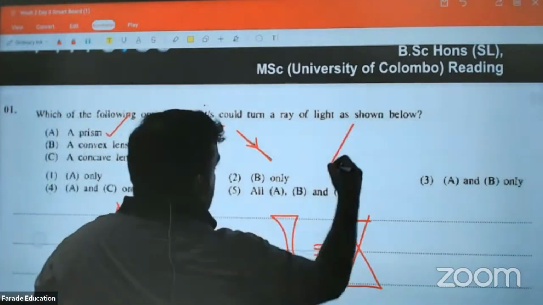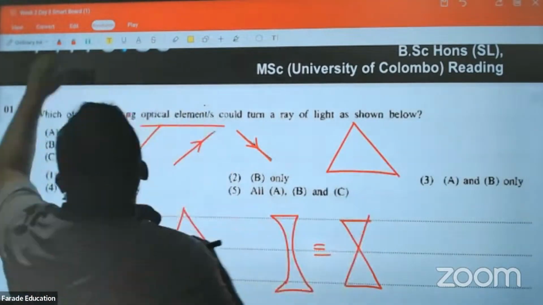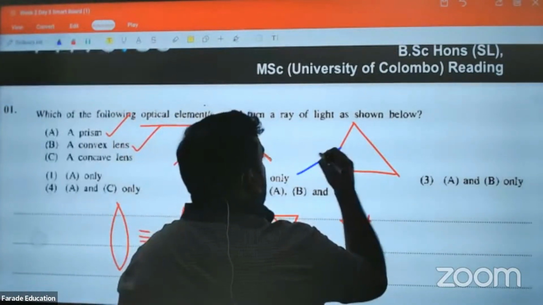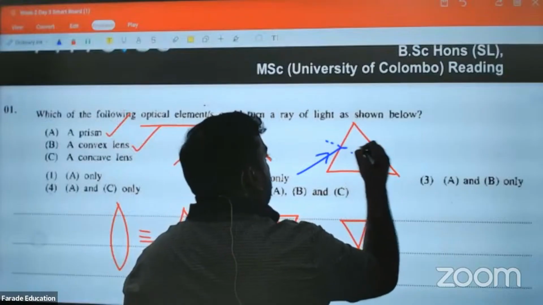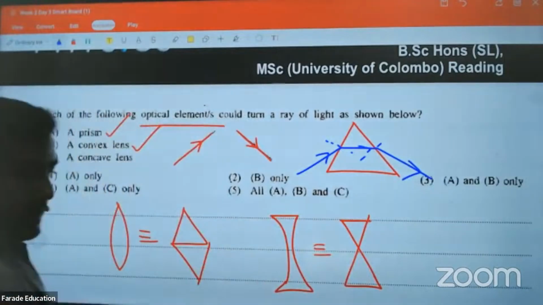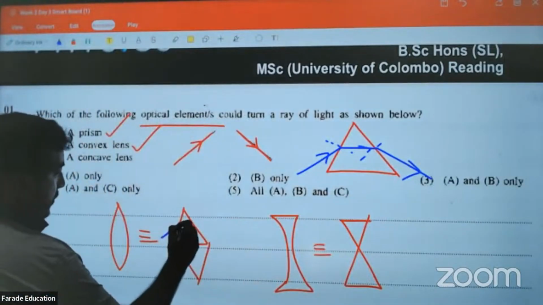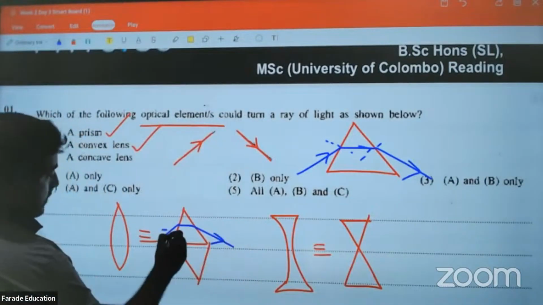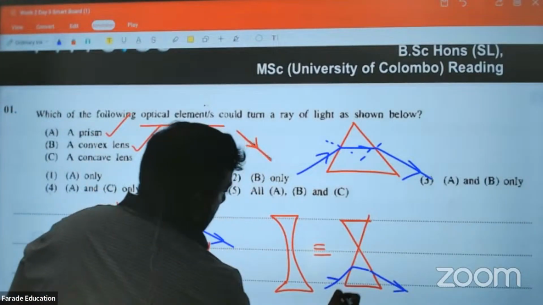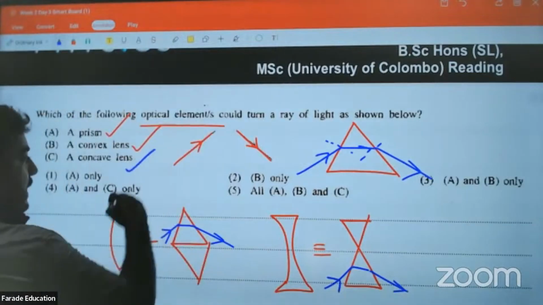Here the prism, of course, is a normal configuration. Light rays come here and go down. So the same thing can happen here, no? So in all 3, this is possible.